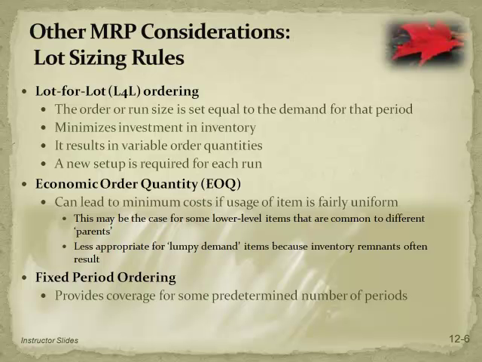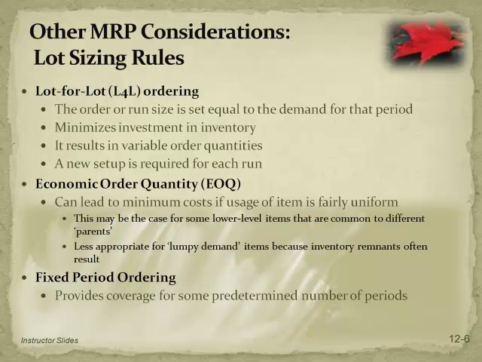So the first one is called lot for lot. The definition is shown here, but let me give you what I think may be a little simpler definition of lot for lot. Lot for lot means what you need is what you get.